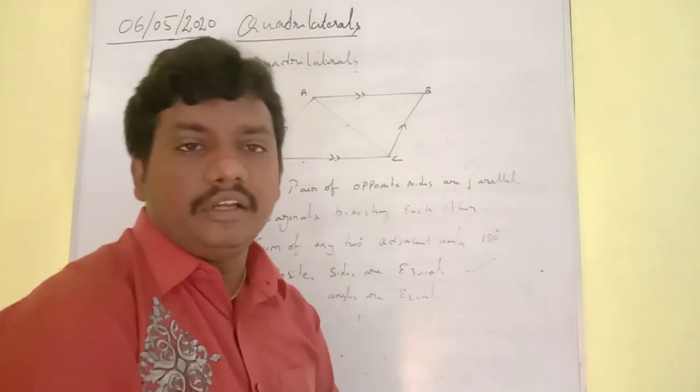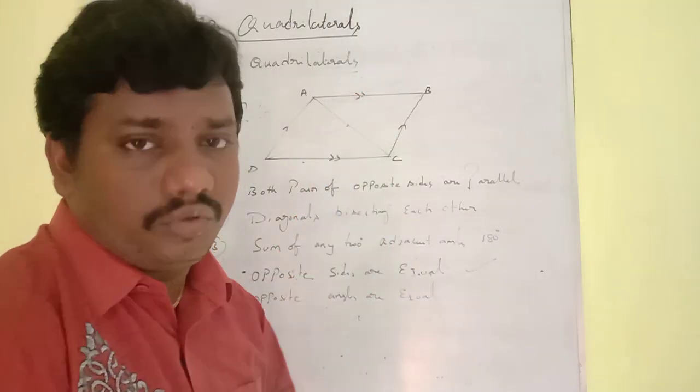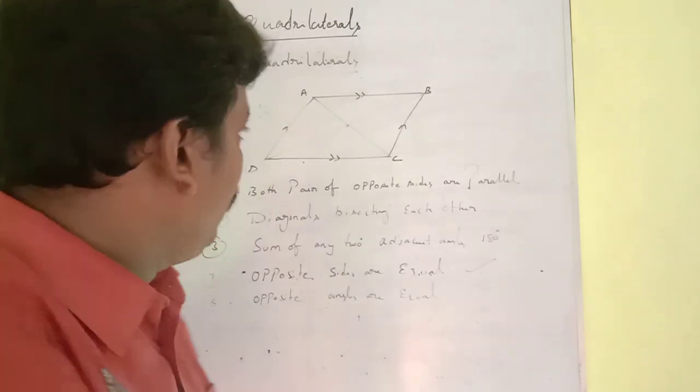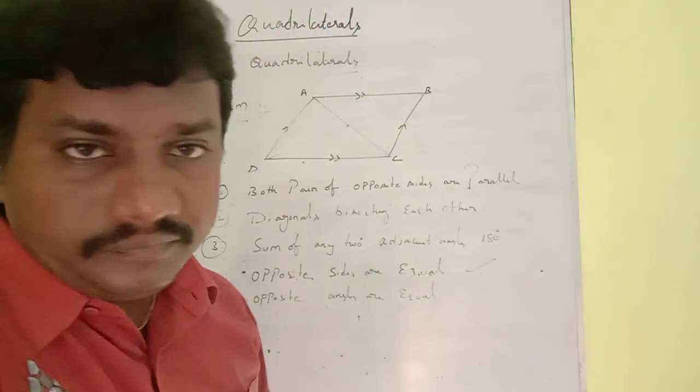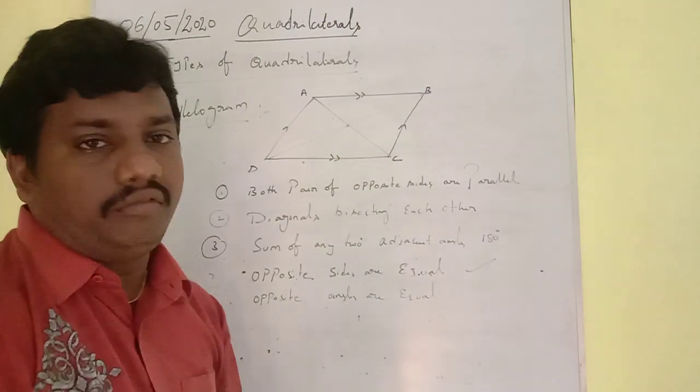In our previous video, we discussed what opposite sides and opposite angles are. Go through that and you may get clarity. Now, coming to the properties of a parallelogram, we know that opposite sides are equal and opposite angles are equal.